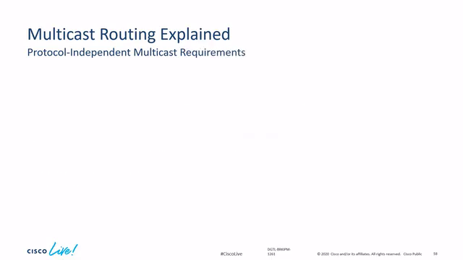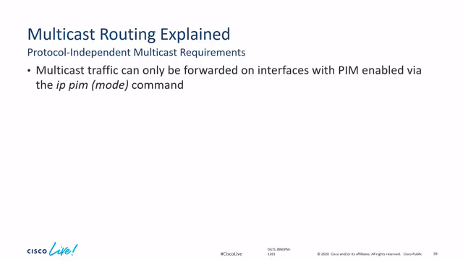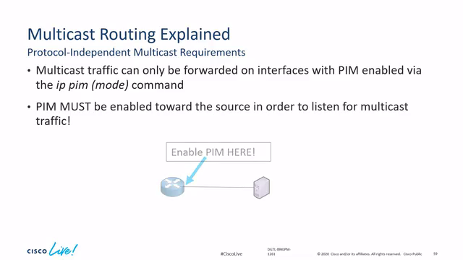So what are the requirements for protocol independent multicast? Well, first of all, we can only forward multicast traffic in the data plane on interfaces that have PIM enabled via the IP PIM command, whichever mode we're using. We have to enable PIM towards the source because PIM is basically how we forward multicast.